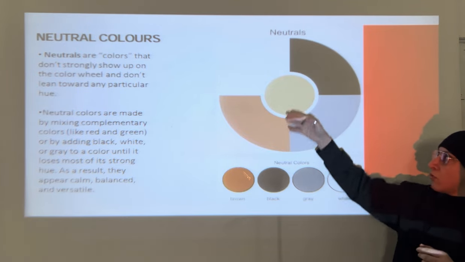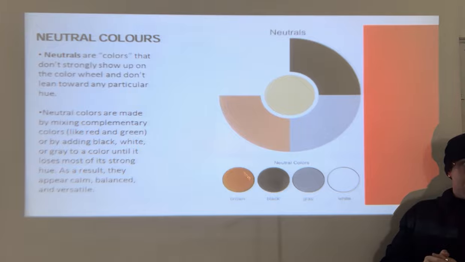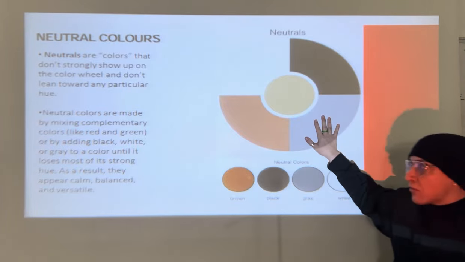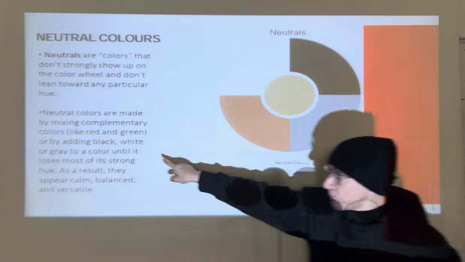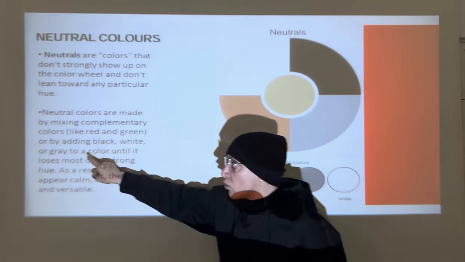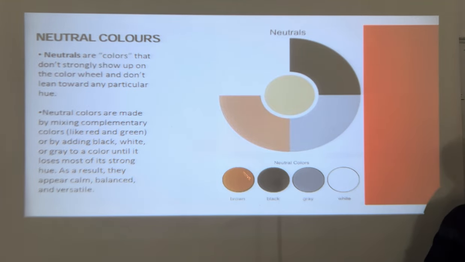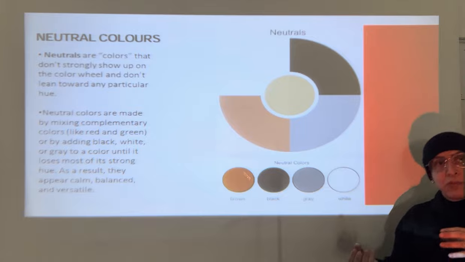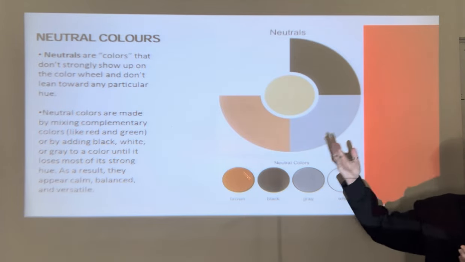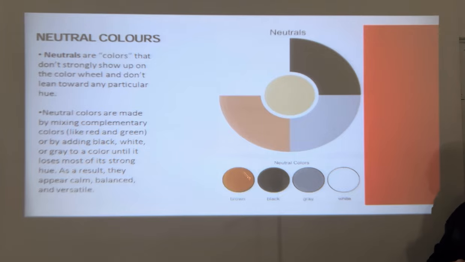By mixing those, you create neutral colors, okay? The set of neutral colors. Also, you can create these by adding black, white, or gray to an original hue. You can add white, black, gray, and you can create neutral colors in this way also, okay?